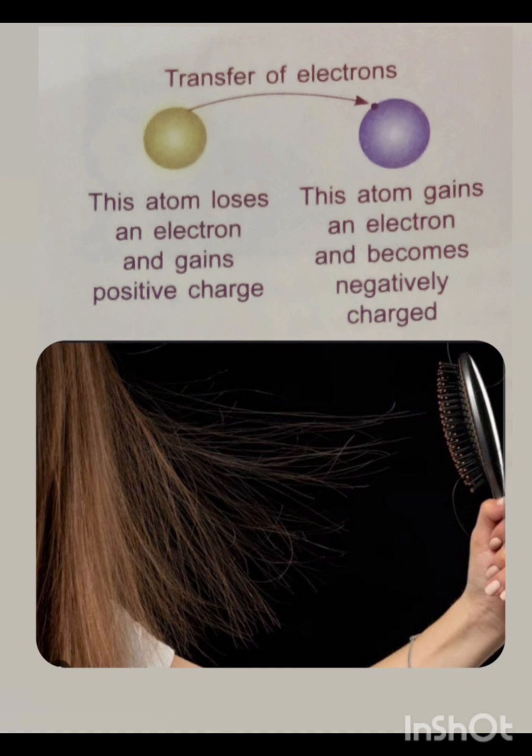This loss and gain of electrons leads to the development of charge on the atoms of the comb and those of your hair. Thus, one develops a positive charge and the other negative. The charge developed is strong enough to move lightweight things like hair.